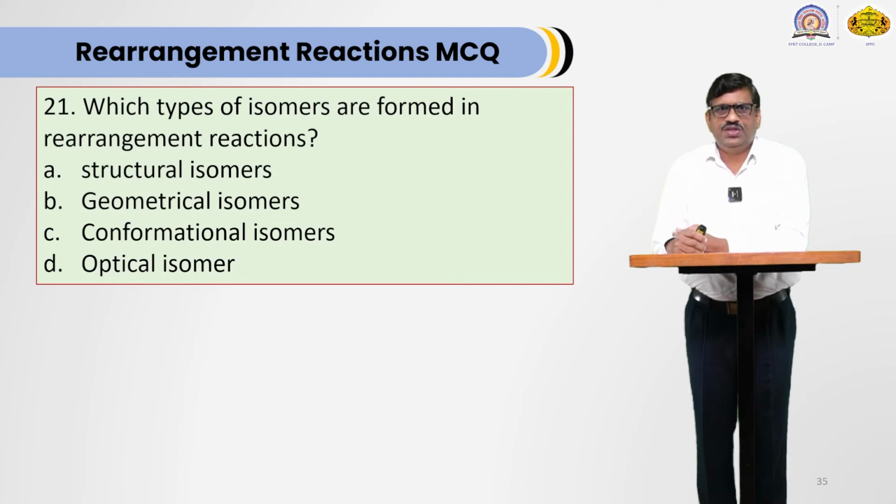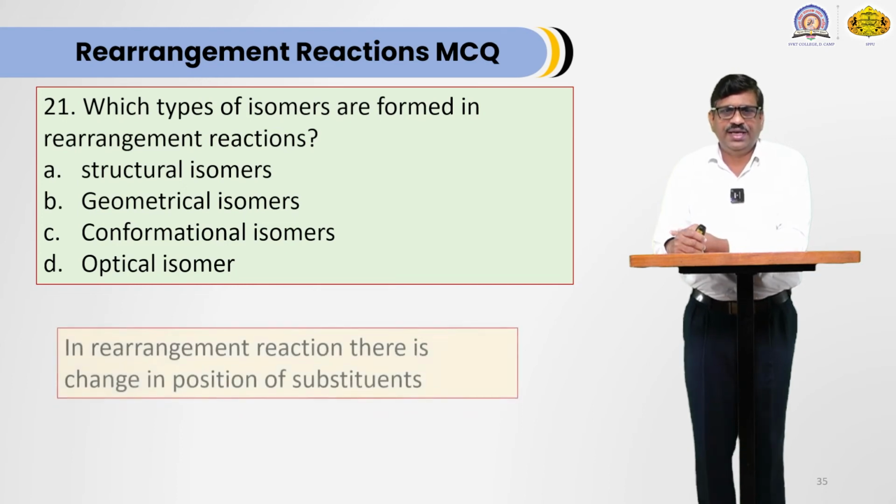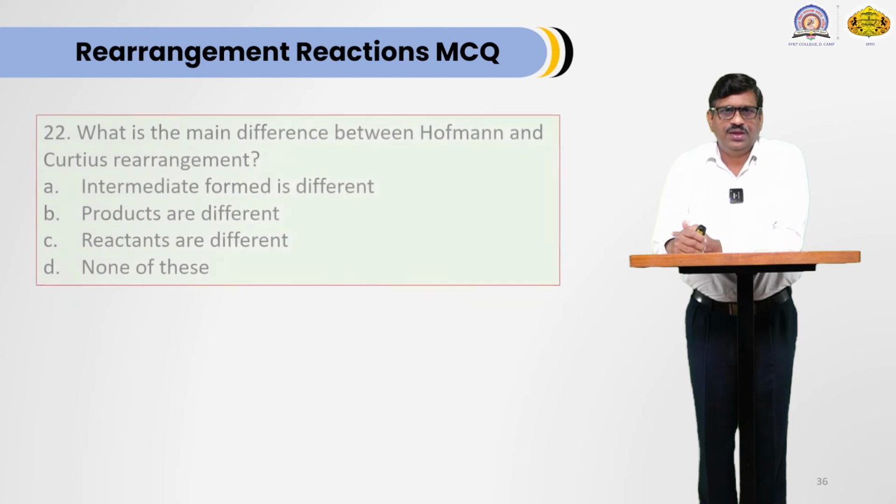We have seen the definition of rearrangement reaction: there is migration of one group from one place to another, or there is a change in the functional group, or a change in the carbon skeleton. That's why structural isomers are formed during rearrangement reaction, and answer A, structural isomers, is the correct answer.